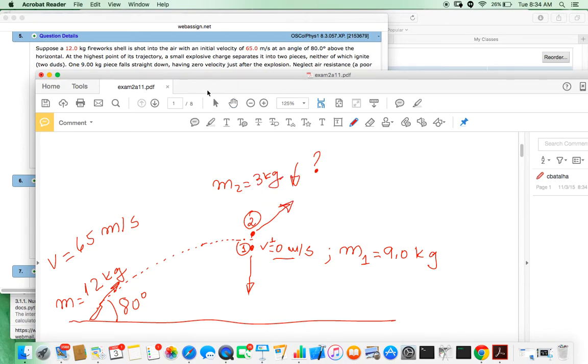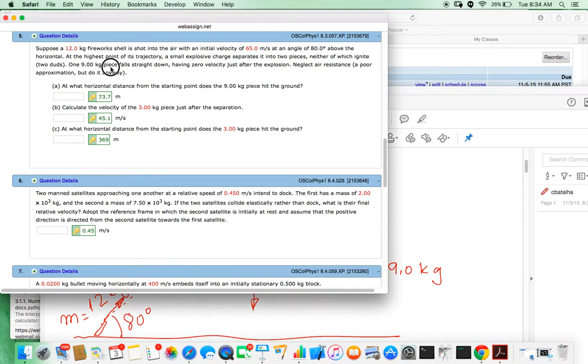Separation up, but the 9 kilogram piece falls straight down, having zero initial velocity, I already put there, just after the explosion, neglect air resistance. And the first question is, at what horizontal distance from the starting point does the 9 kilograms piece hit the ground?